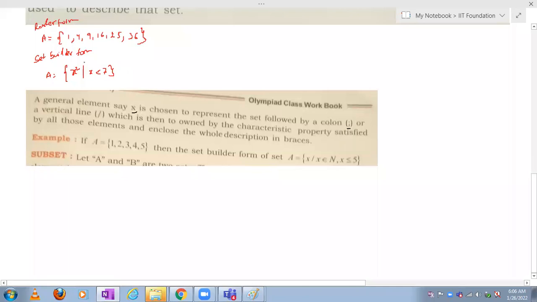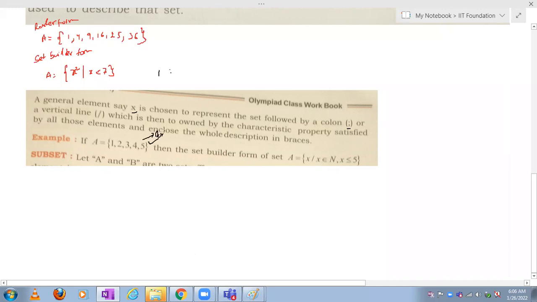Colon means x is such that. Like this I can also write a colon or a vertical line, followed by the characteristic property that the elements satisfy. Okay, these are the descriptions. A is equal to, generally this is in set builder form, sorry, roster form.